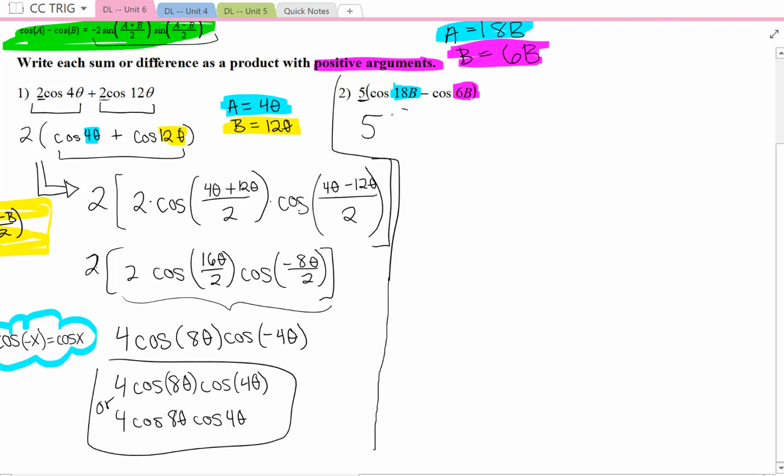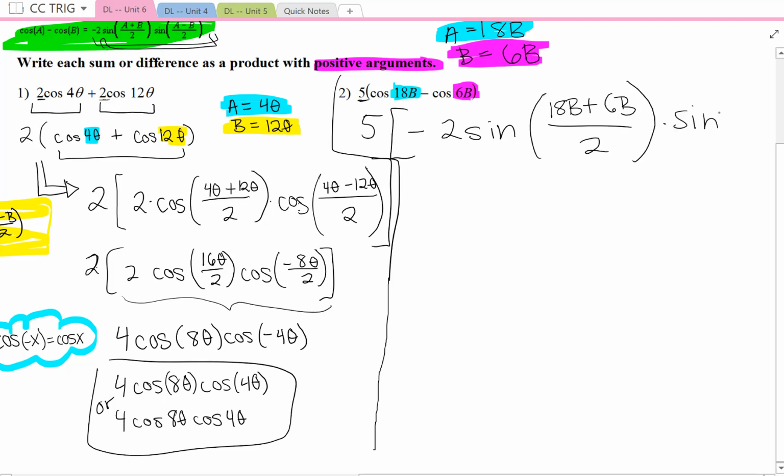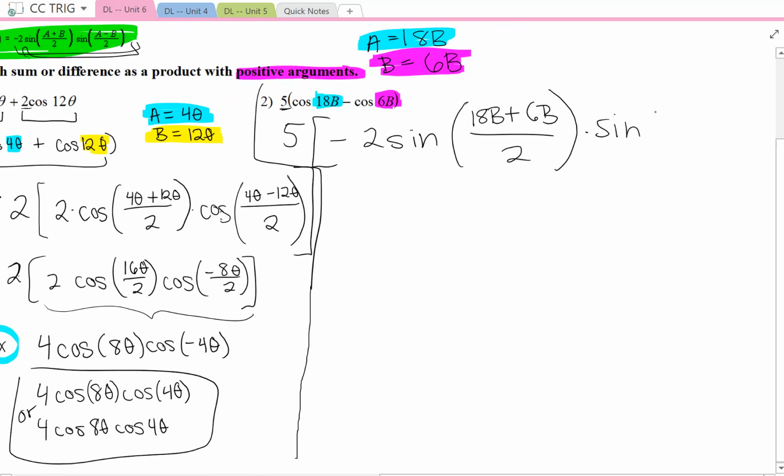5 times the product, negative 2 times sine of A plus B over 2, 18B plus 6B over 2, times sine of A minus B over 2, 18B minus 6B divided by 2.